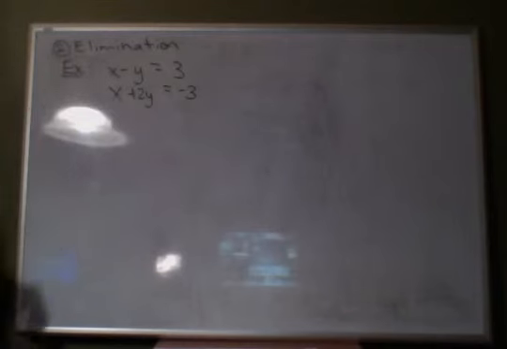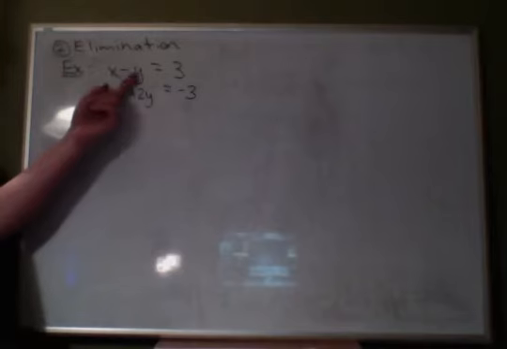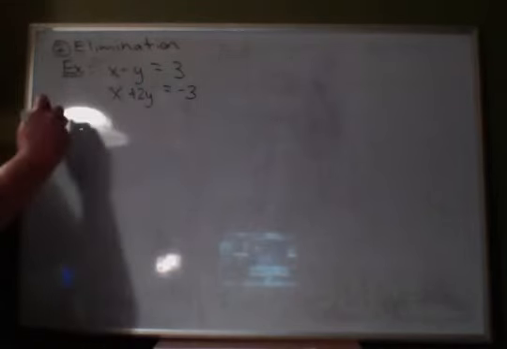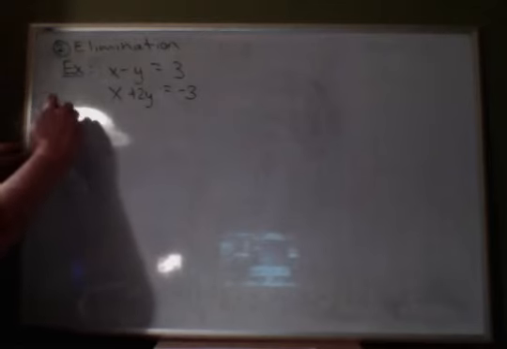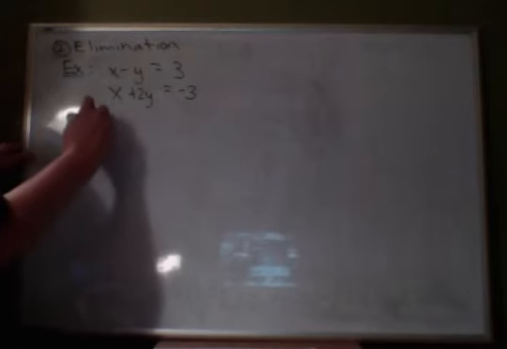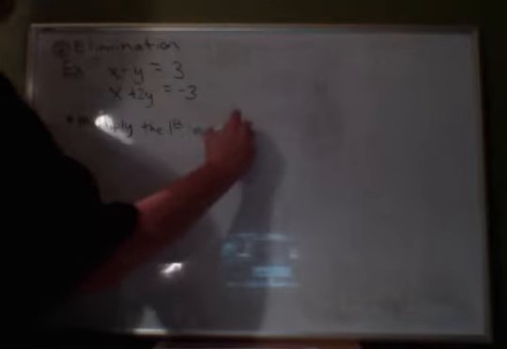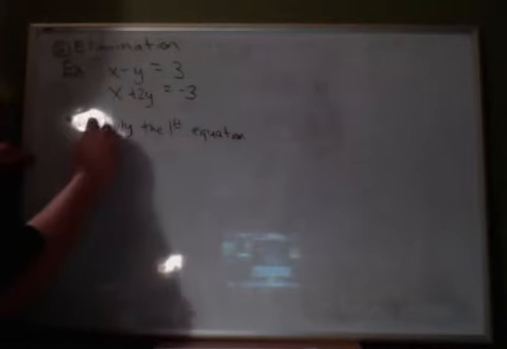So I can pretty easily do that by noticing that I already have a negative y here and I have a positive 2y here. So what I'm going to do is, and I'm going to write what I'm going to do, multiply the first equation by 2.